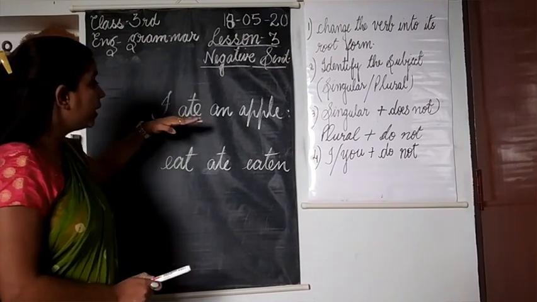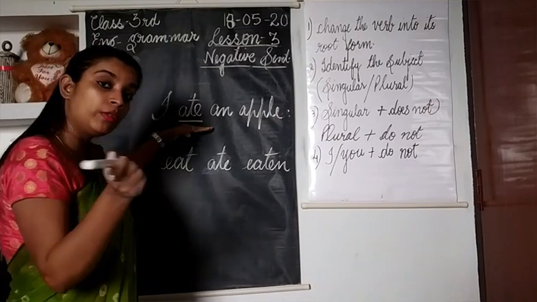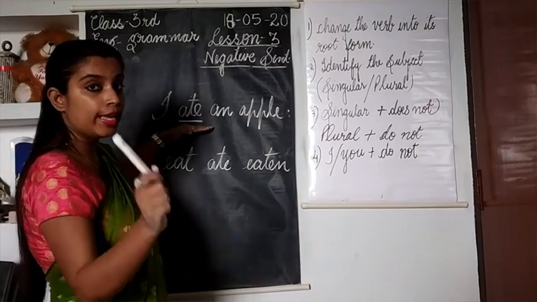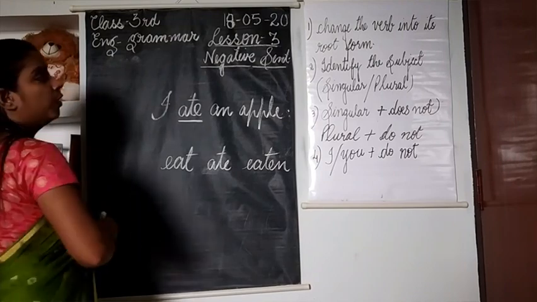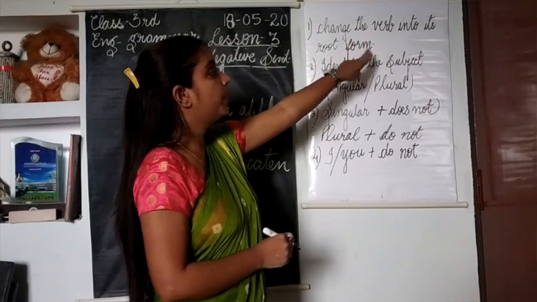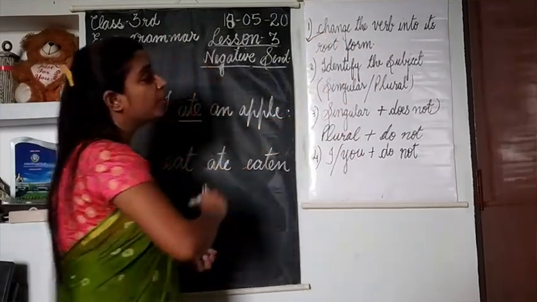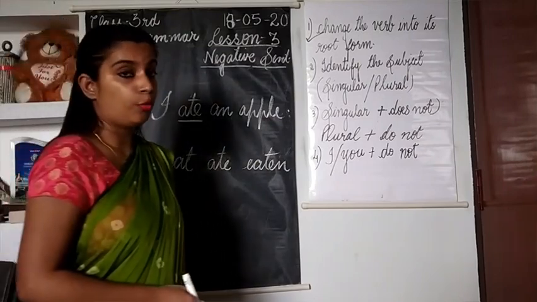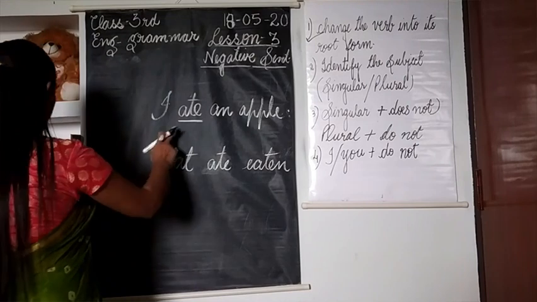Okay. Now if a sentence is in past tense, how will you change such sentences into negative? Now see children, here also you will follow the very first rule. You will change the verb into its root form. This rule first you will follow, that you will change the verb into its root form. Okay? Changing the verb into its root form means, what is the root form of ate?